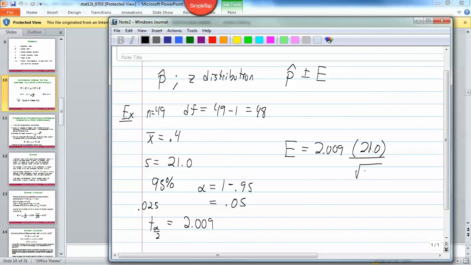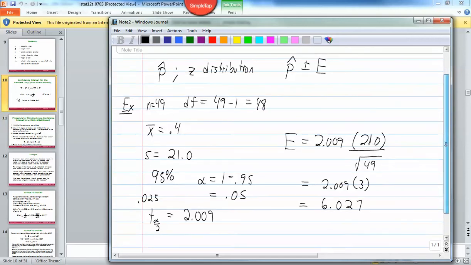N was 49, so square root of 49 is 7. So this is 2.009, that's 21 divided by 7, so that's 3. So we get 6.027. All right, so our margin of error is 6.027.